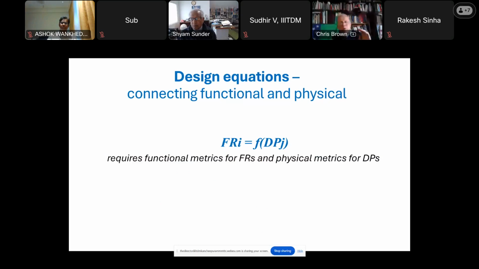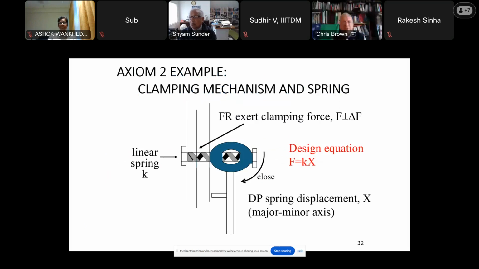So in order to use the design equation, we need functional metrics for the FRs and physical metrics for the DPs. Let's take a look at an example for axiom 2, a 1 FR sort of problem. So we're going to narrow this down to what kind of spring should I have in a clamp.